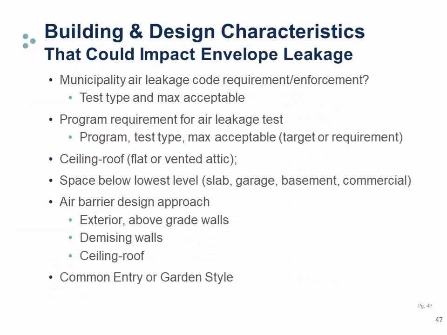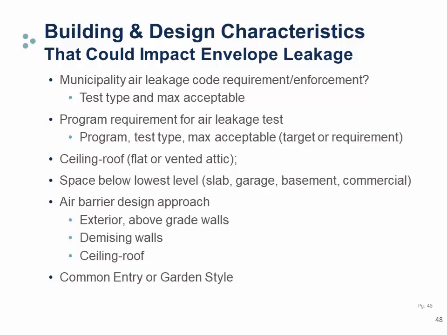I mentioned earlier that one of the goals of the study was to determine if there's any building or design characteristics that could help predict the envelope leakage of a building. The initial characteristics that were considered are code requirement and enforcement, if the building is following some type of national program such as Energy Star, and if that program requires blower door testing or a target. What type of ceiling or roof the building has.